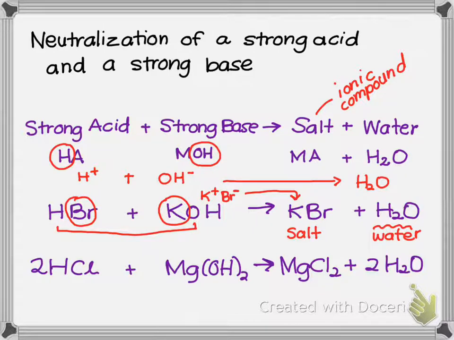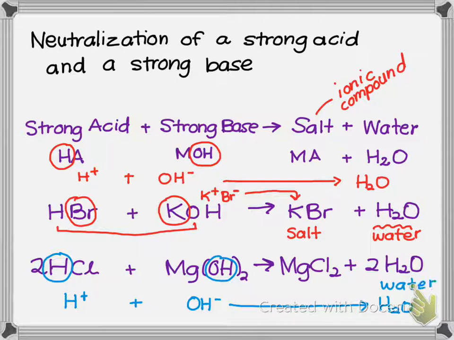It's very similar. This is a strong acid and a strong base, the hydroxide base. Here's my H, the H plus like we had before, and here's my hydroxide ion, OH minus. Those two things go together to make my water, like we had before.